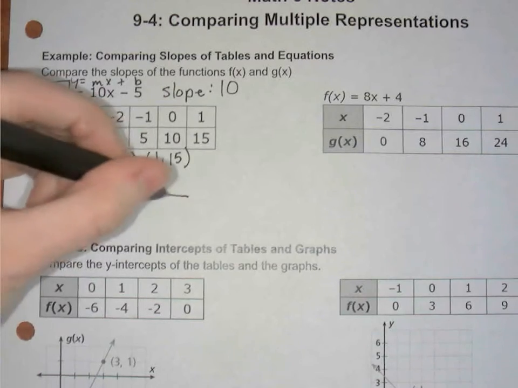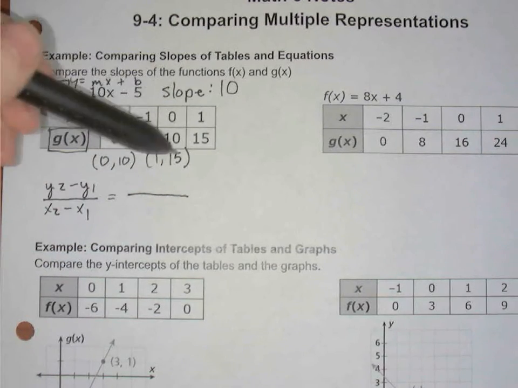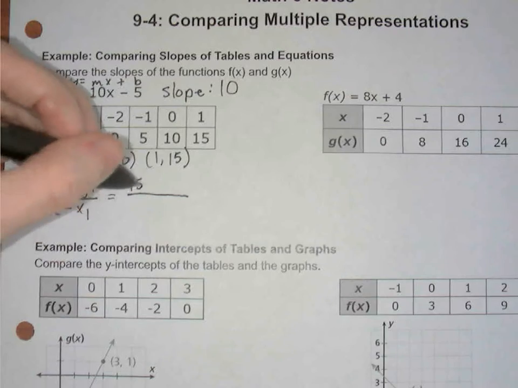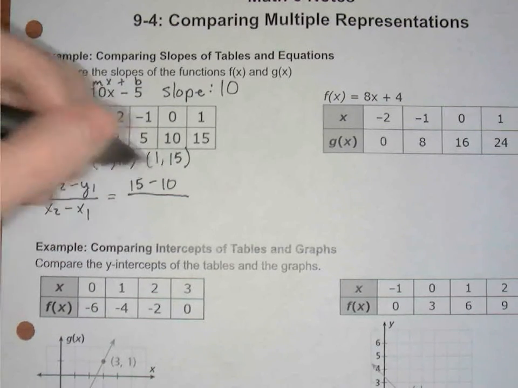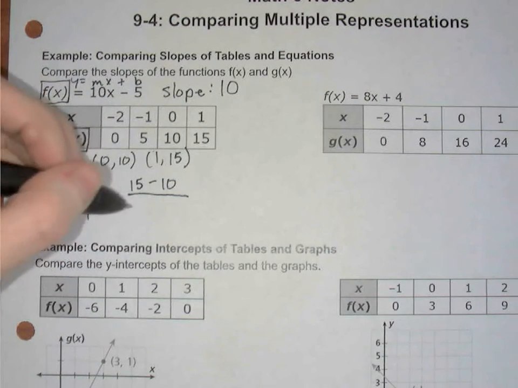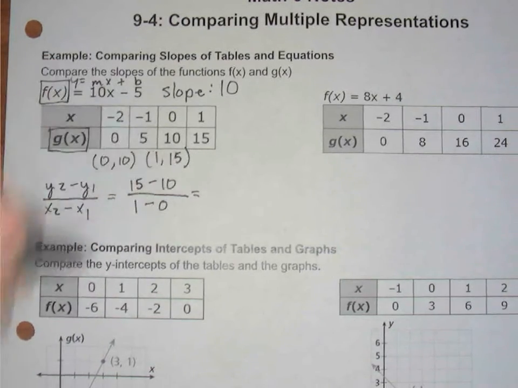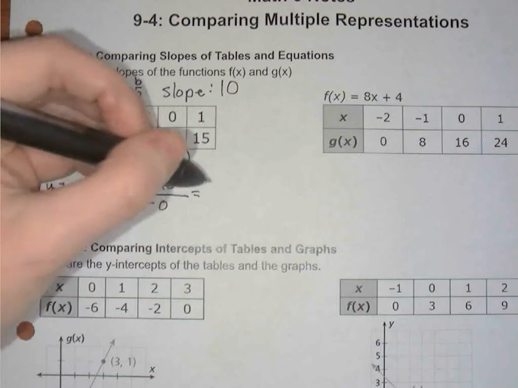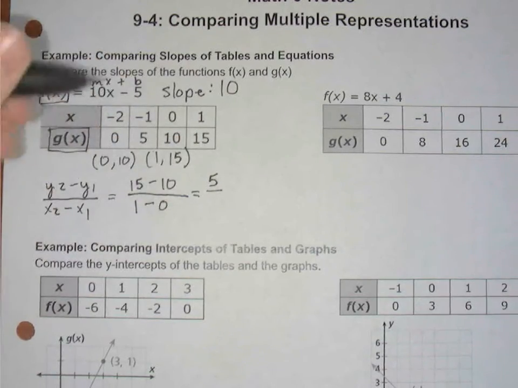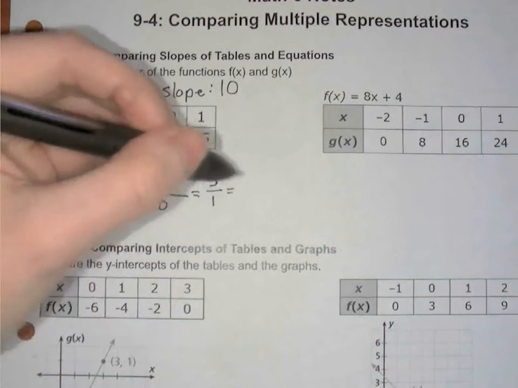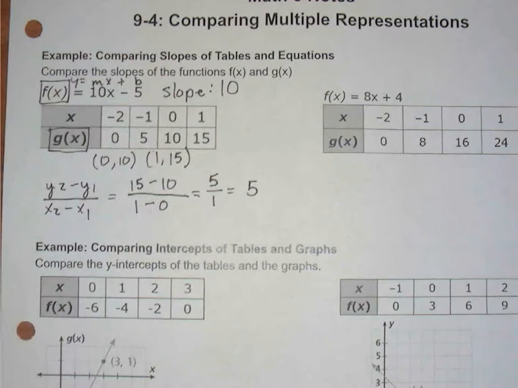When we fill in our slope formula, we're going to take y2, 15, minus y1, 10, over x2, 1, minus x1, 0. So I get 15 minus 10, which is 5, over 1 minus 0, which is 1, meaning I have a slope of 5 divided by 1, or 5.